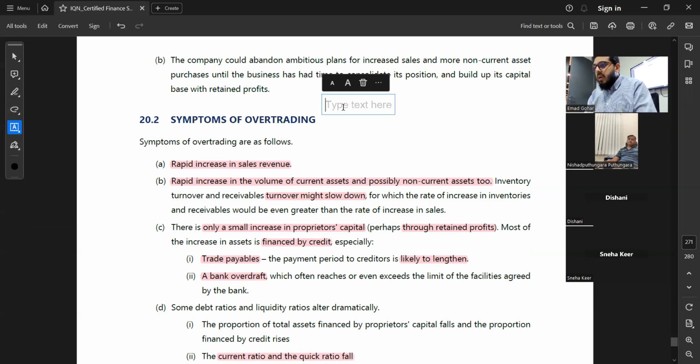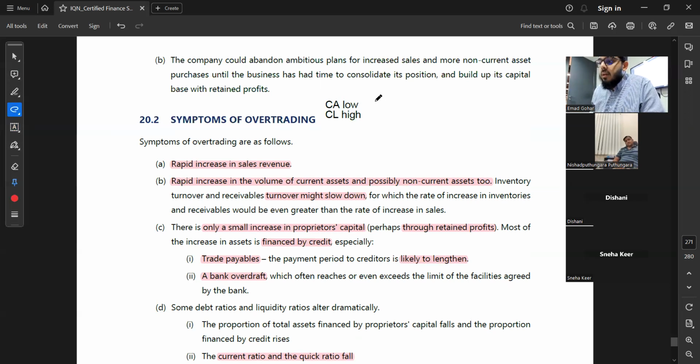What is over trading? Current assets low, current liabilities high. Like this you can write, so you will not forget, right? And same thing above you can write the opposite in over capitalization.